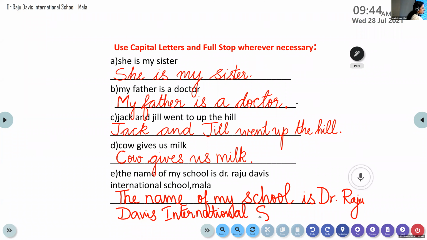S should be written in capital letter. So it is School. Okay? And put a comma here, and see that you write the name of the place in capital letter, and don't forget to place a dot at the end of the sentence. Is that clear to all of you?